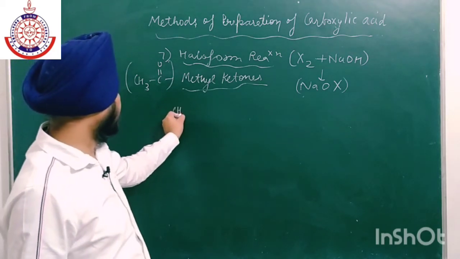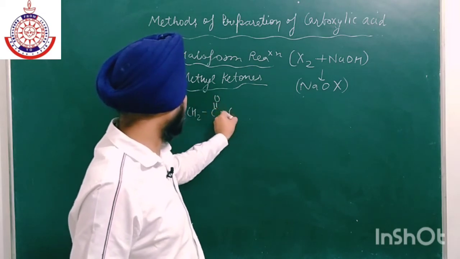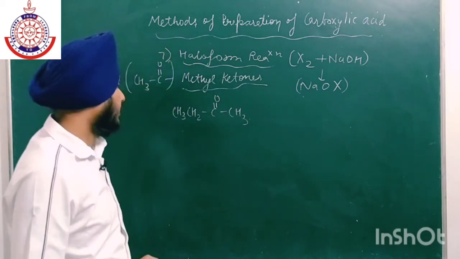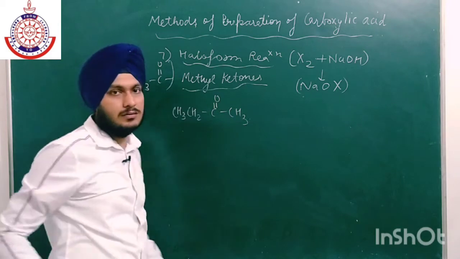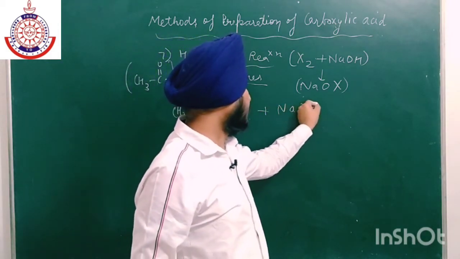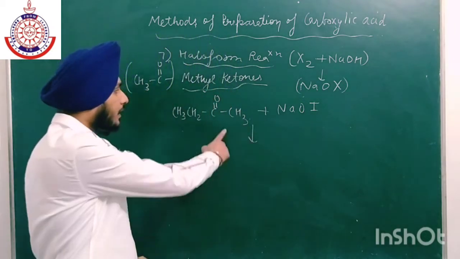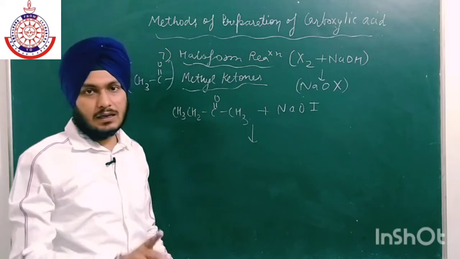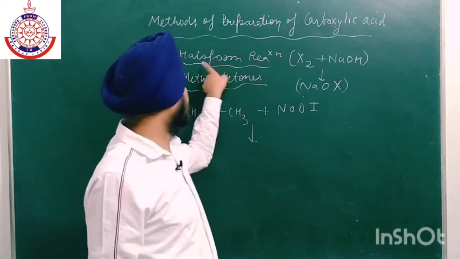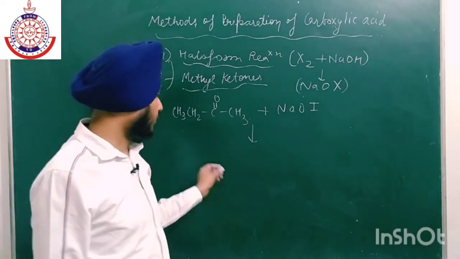For example, if we have this, here we have a methyl ketone group. Now react it with NaOX. For example, if we are reacting with NaOI, then out of these 4 carbons, 1 carbon is used to form haloform. Since we are using iodine, iodoform will be formed.